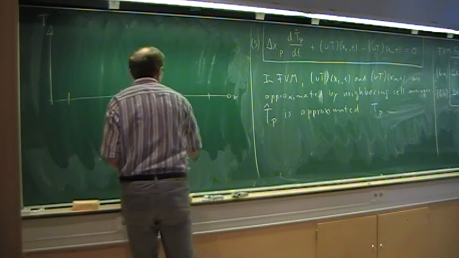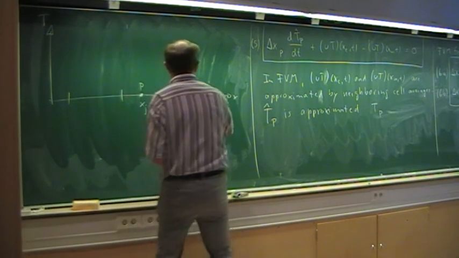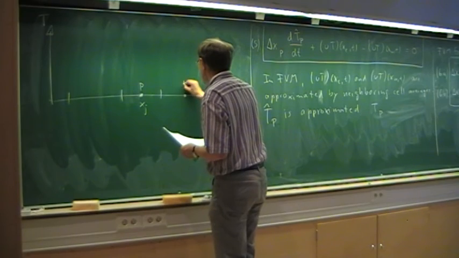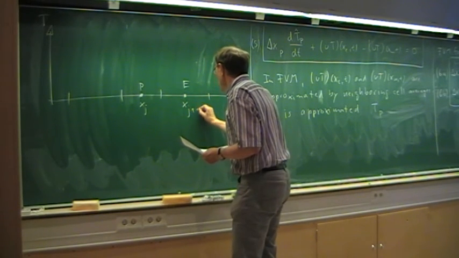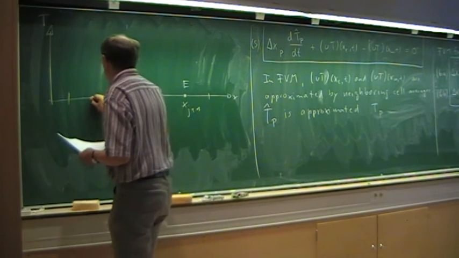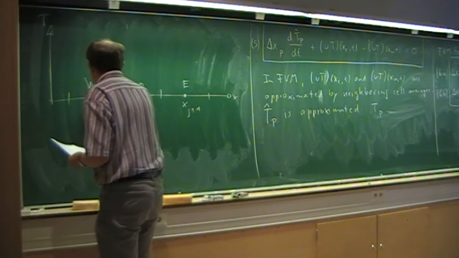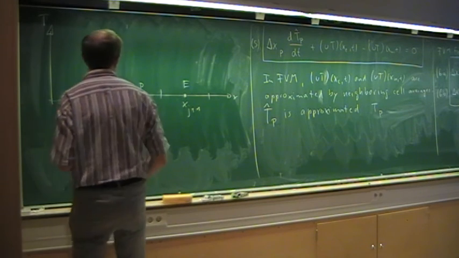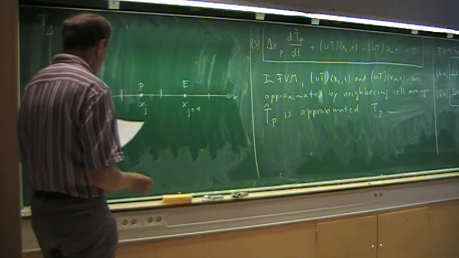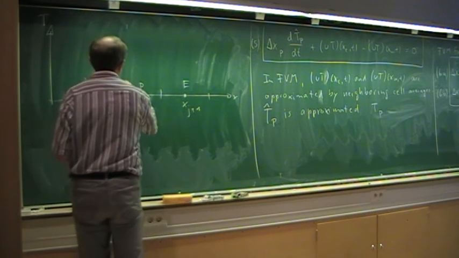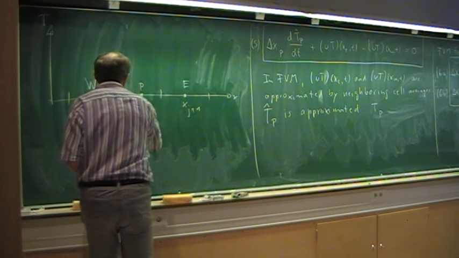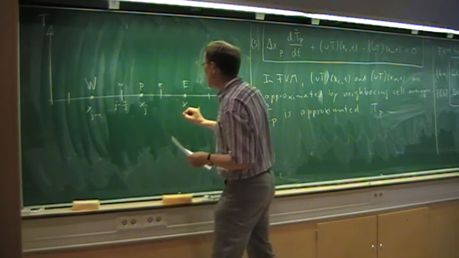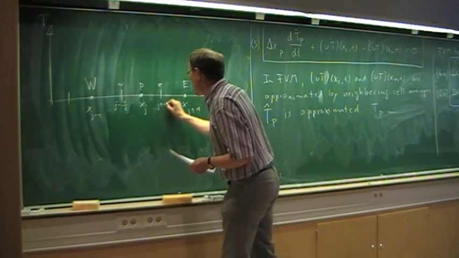The other is to call it xj. We have a neighbor, the eastern neighbor, with the index j plus 1. And we have a western neighbor with the index j minus 1. And the faces are either w or j minus 1/2, or little e and j plus 1/2.